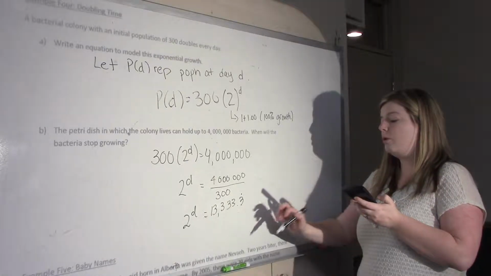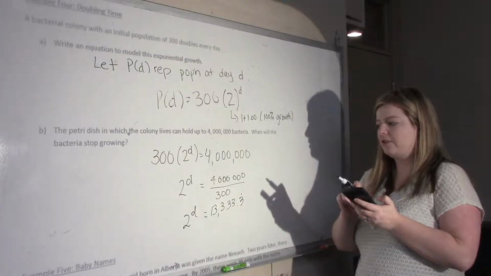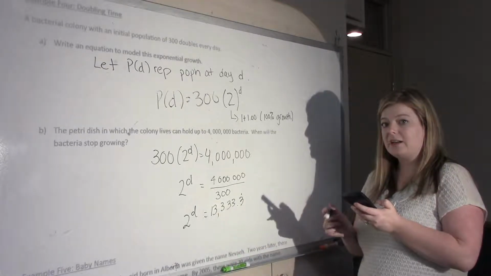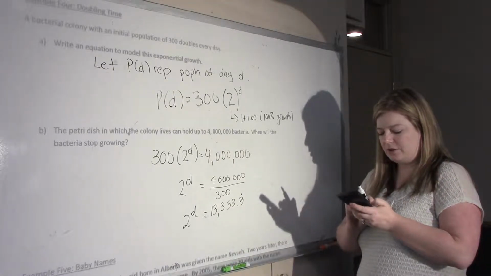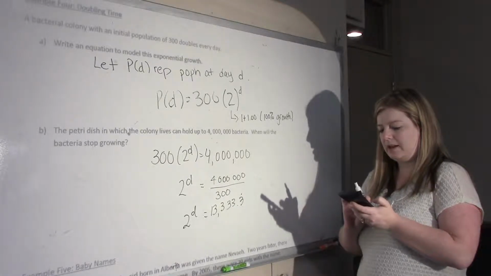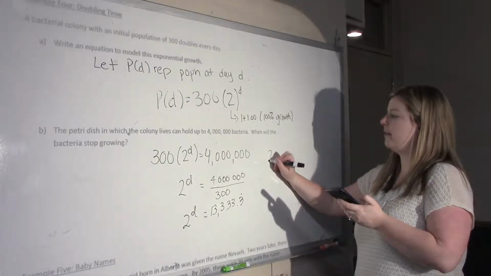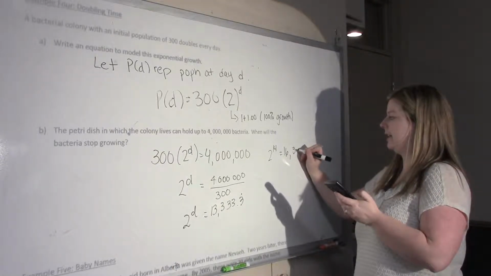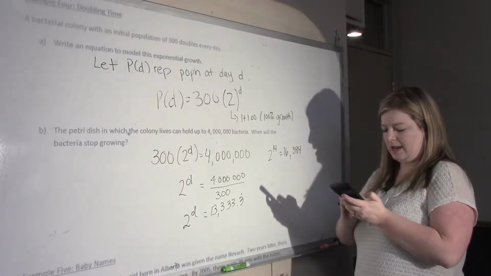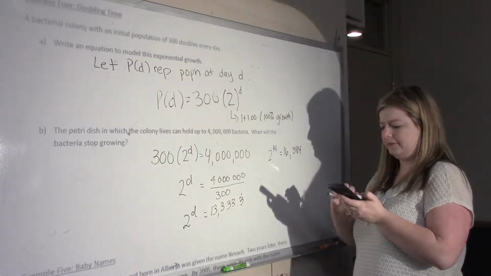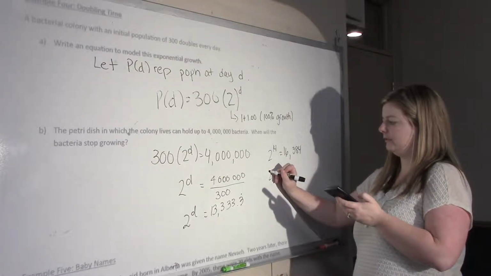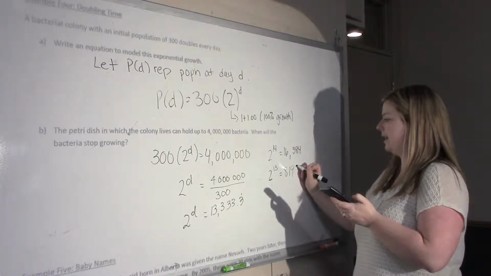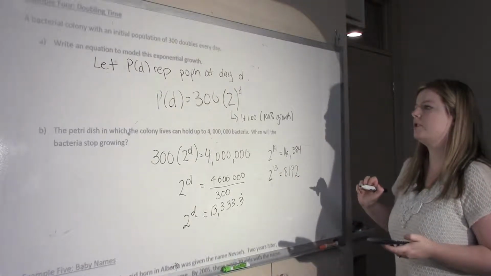That's 32,768, which is about double what we want, so I'm getting close. Then 2 to the power 14 equals 16,384. And 2 to the power 13 is way too low, it's 8,192. So it's somewhere in between those.